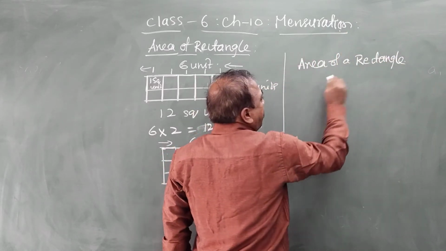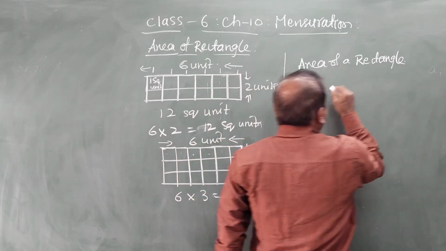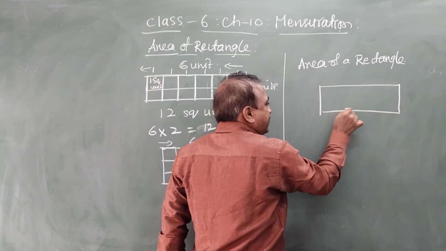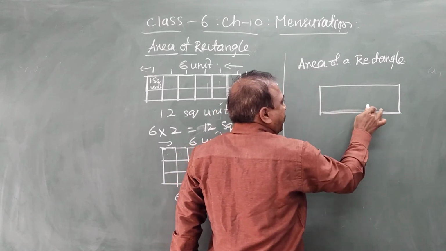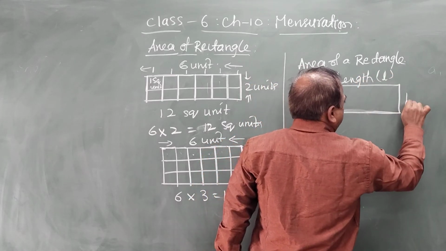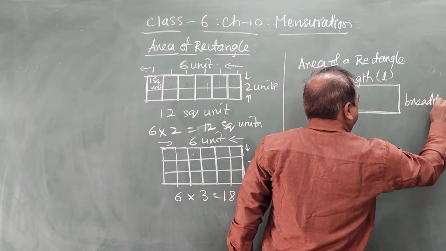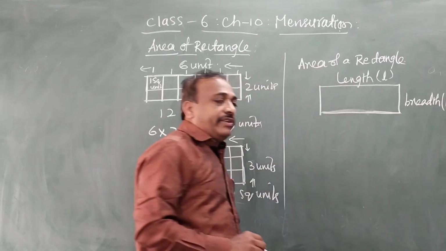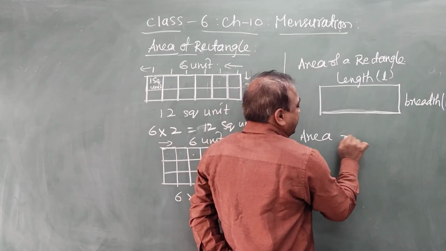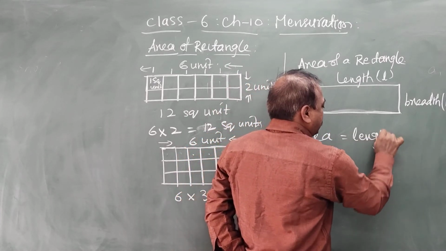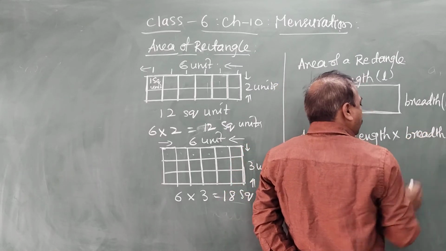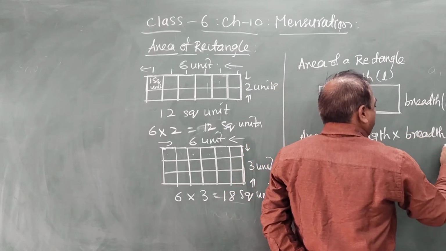Length we denote with L, breadth we denote with B. Then the area of a rectangle is equal to length into breadth, in square units.